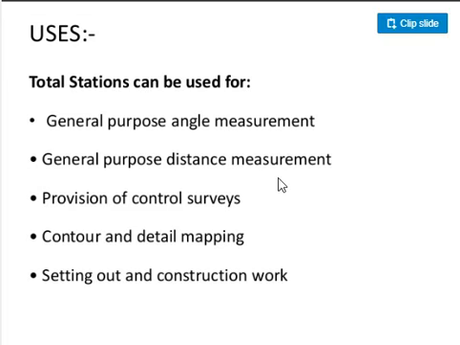Normally you can do angle measurements and distance measurements. You can put control points, survey points. Detail mapping can be done, contours can be done. If you want to set out any construction work of a building or a factory where you have a huge area, then the points are very important. Total station makes it very simple.